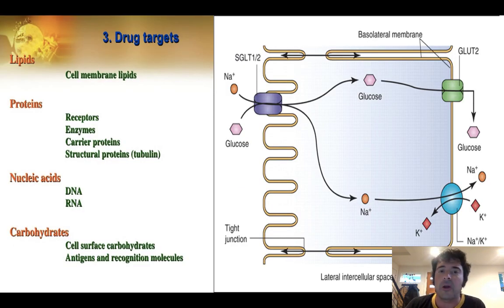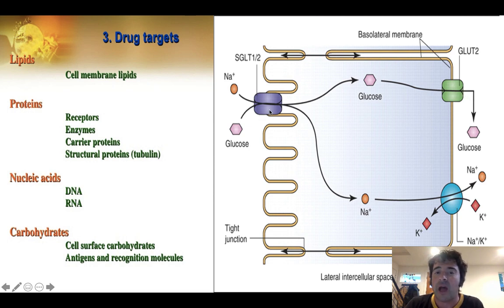Drug targets, when you get into pharmacology, right? 85% of drug targets are proteins. So there are lipid and nucleic acid and carbohydrate drug targets, but most drug targets are proteins. So for example, when you're reading about diabetes medications and it says the mechanism of action of this medication is it inhibits the sodium glucose cotransporter, you go, okay, the sodium glucose cotransporter is a protein that allows us to reabsorb glucose in the kidneys.